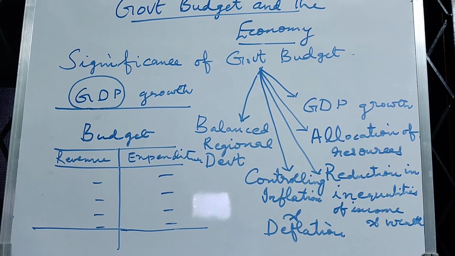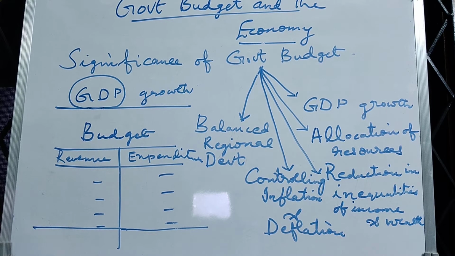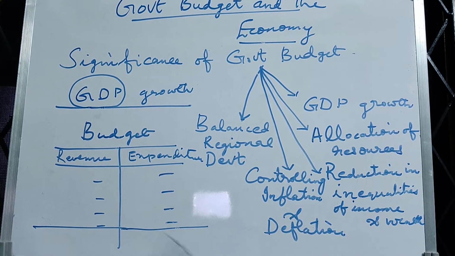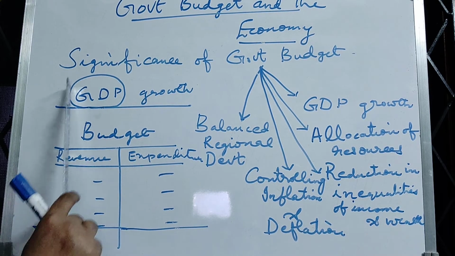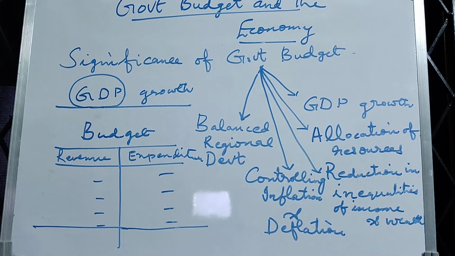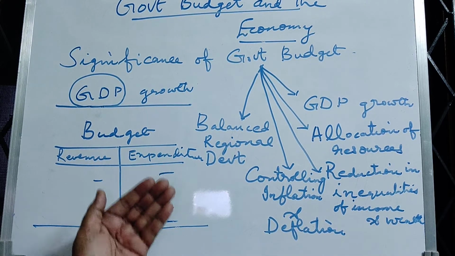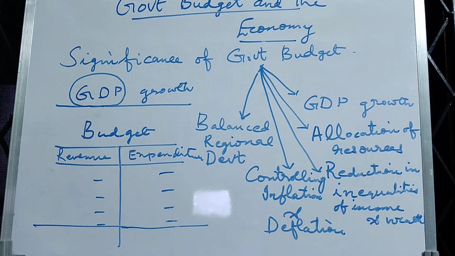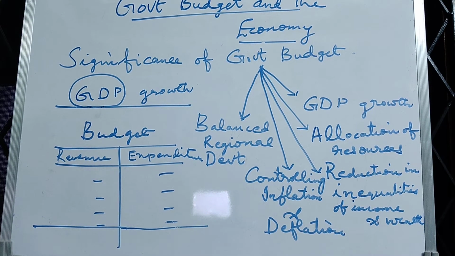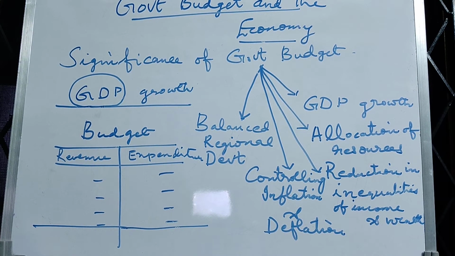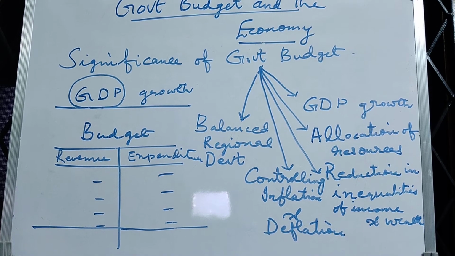So industries will be set up there, and that boosts the industrial production in the economy. What does GDP show? GDP shows total production in the economy. So through these expenditures of the government, both industrial production and agricultural production are improved.